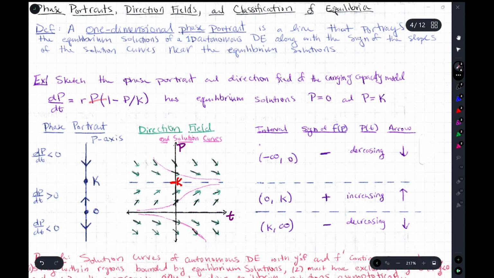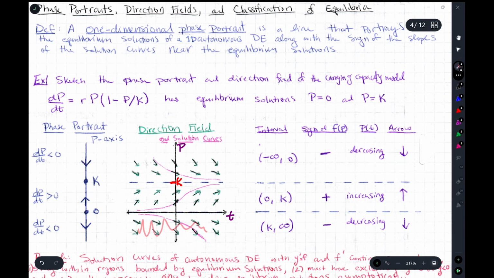And P is positive and r we assume is positive, and so you'll get positive slopes there. Above P equals K, if we plot our direction field, we're going to have negative slopes. Why? Because now P is greater than K, which means P over K is greater than 1, and this will be negative.